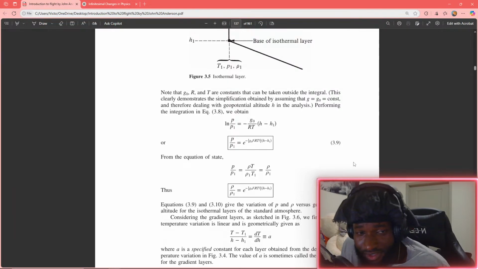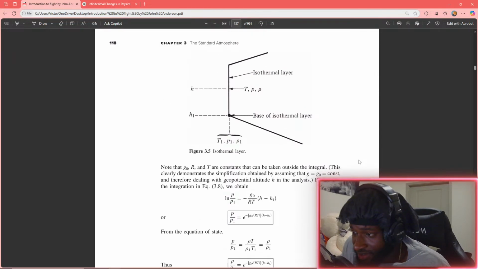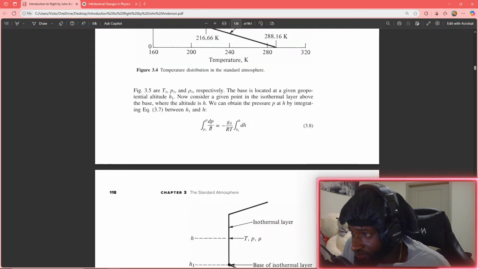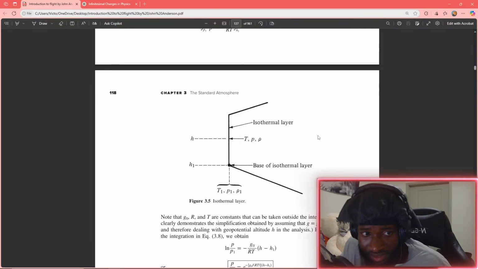I'm confused. Hold on. P at h by integrating. That's fine. I'm fine with that.